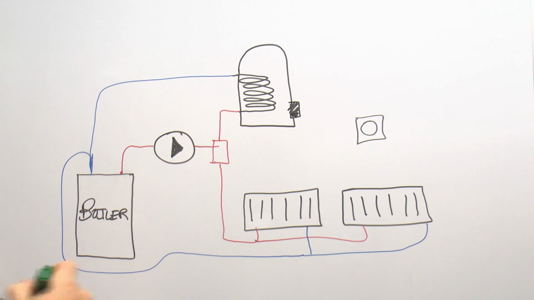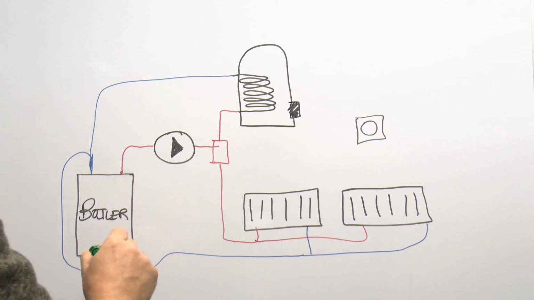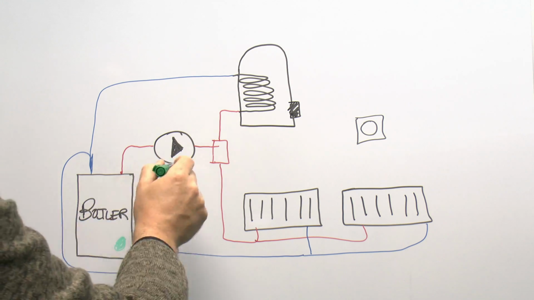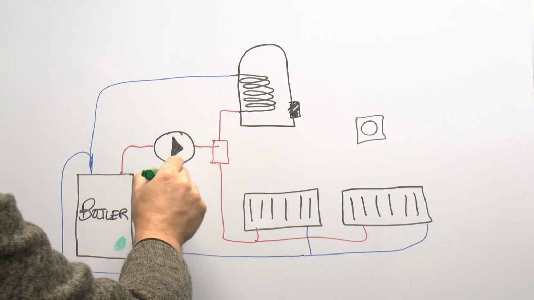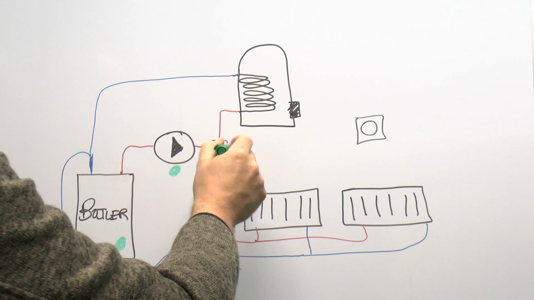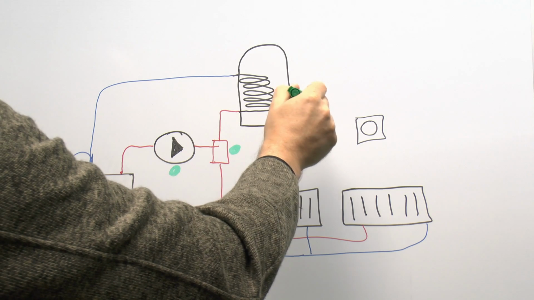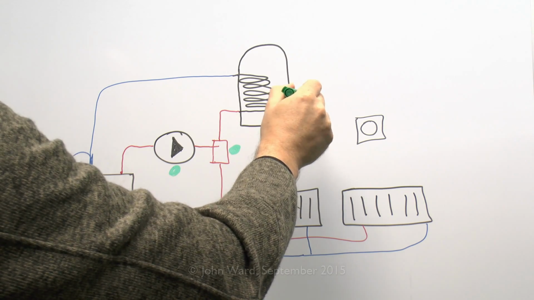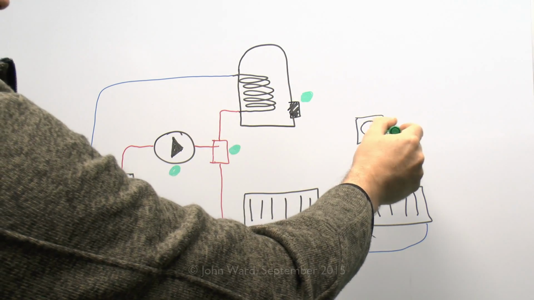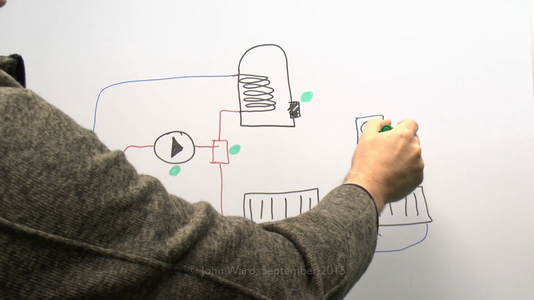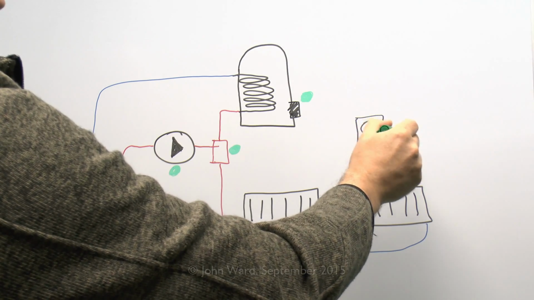So in terms of electrical items, got the boiler, which requires an electricity supply, the pump, which requires obviously an electricity supply as well, one or more valves, which are again electrically operated, the cylinder thermostat, which obviously determines the temperature of your hot water, and then the room thermostat for setting the temperature of the rooms in your house.